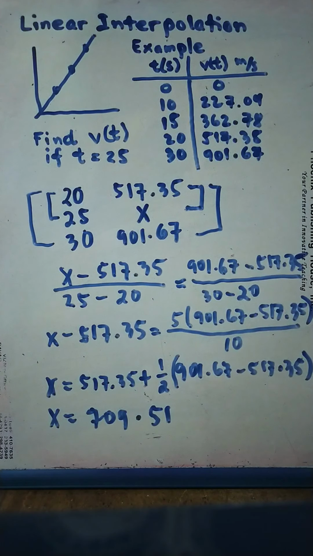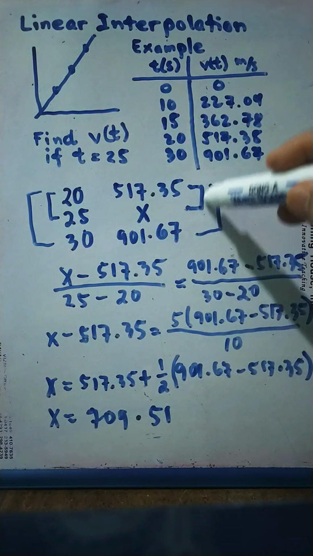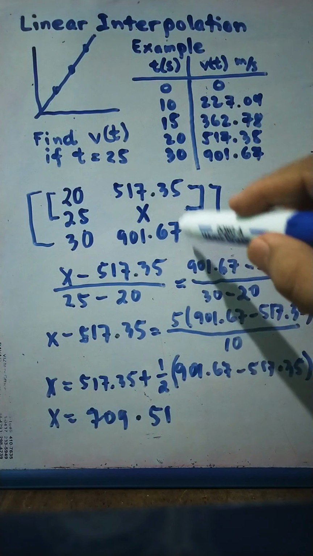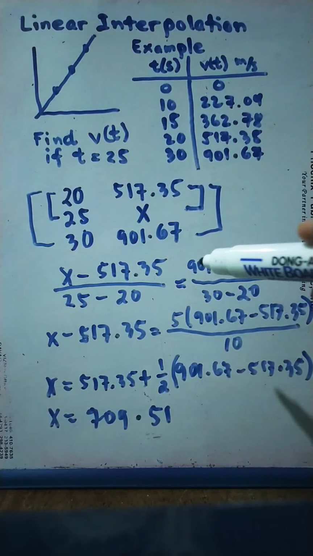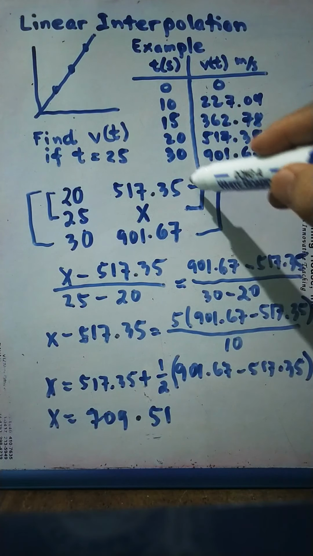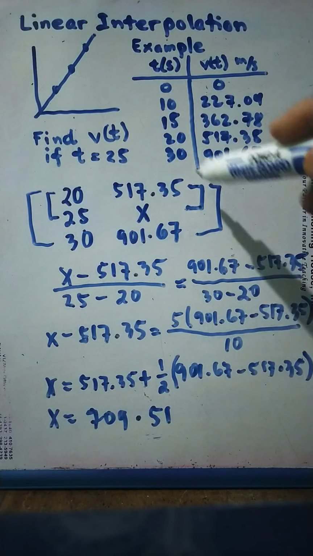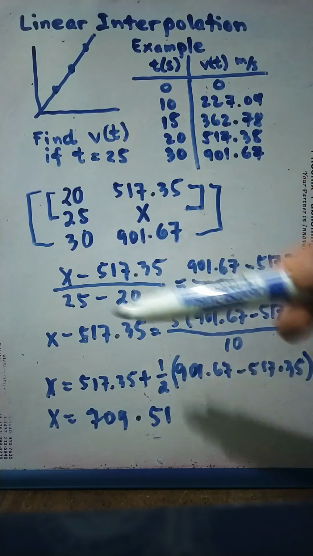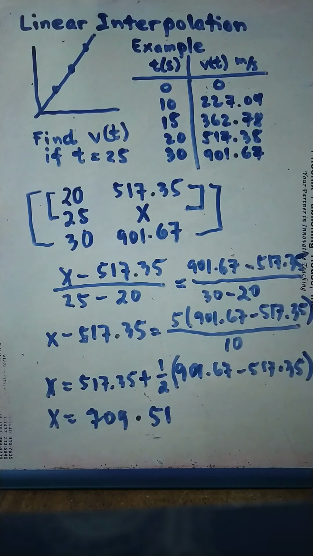Then we draw a path, combining these, and drawing on the other side. Just follow this path. It is some kind of ratio and proportion: this one equals this one. So this is how we do the interpolation.